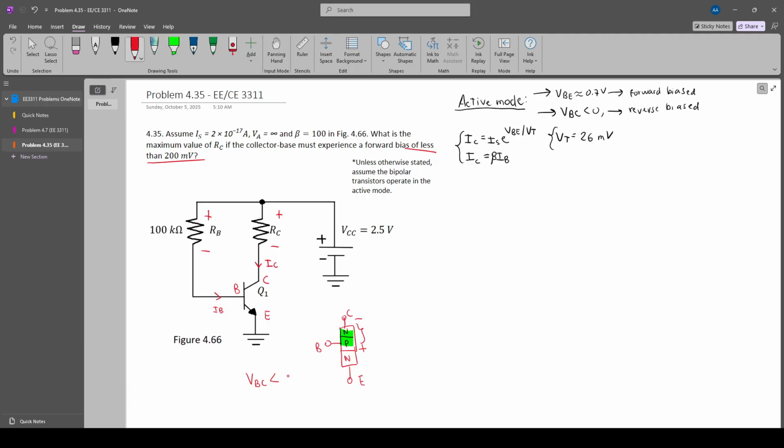This ensures that the PN junction is forward biased since the voltage here is greater than the voltage here, and still fulfills the initial condition that the problem is giving us. So, okay, this is our first assumption that we can work with to solve this problem. Let's mark it here.